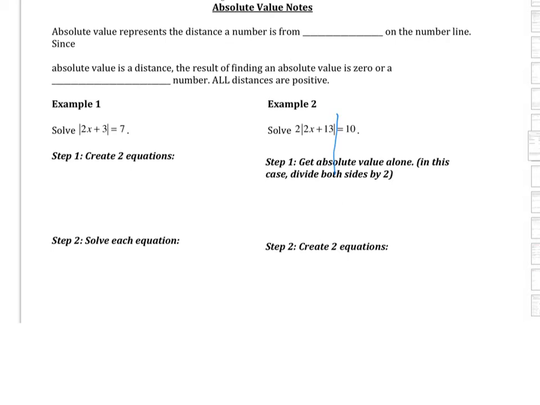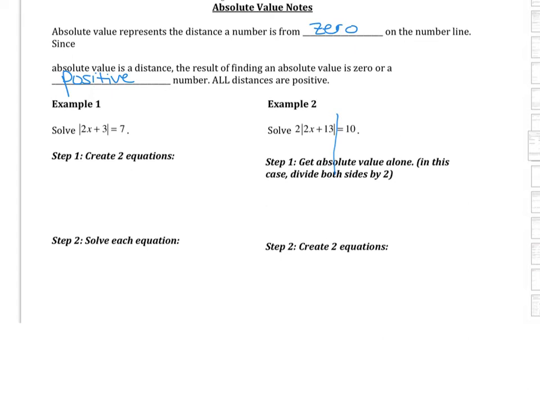Remember that absolute value represents the distance a number is from 0 on the number line. Since absolute value is a distance, the result of finding an absolute value is 0 or a positive number. All distances are positive. So when you take the absolute value, you'll never get a negative answer.